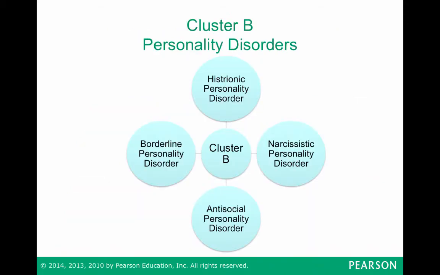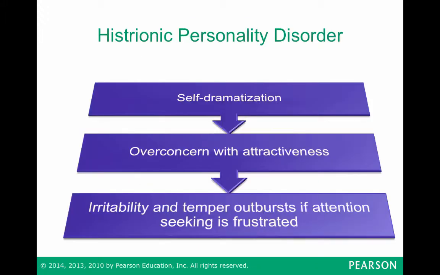Next, we have cluster B personality disorders. There's 4 that fall under cluster B: histrionic personality disorder, narcissistic personality disorder, antisocial personality disorder, and borderline personality disorder. Histrionic personality disorder is characterized by excessive attention-seeking behavior and emotionality.